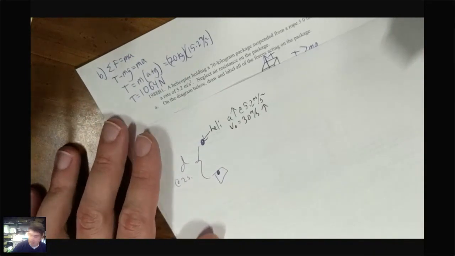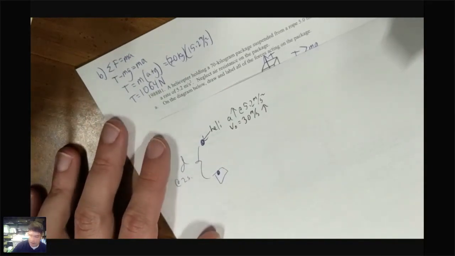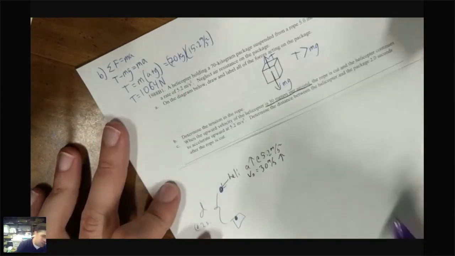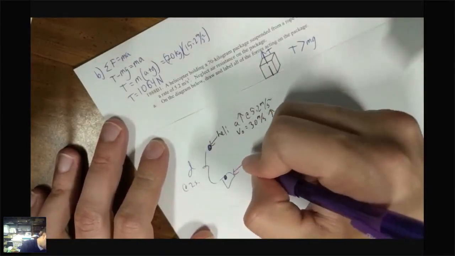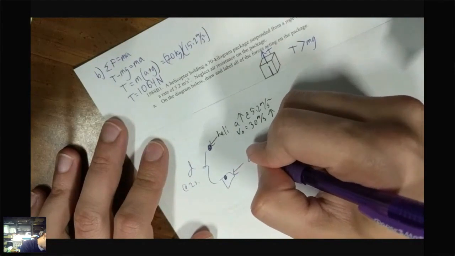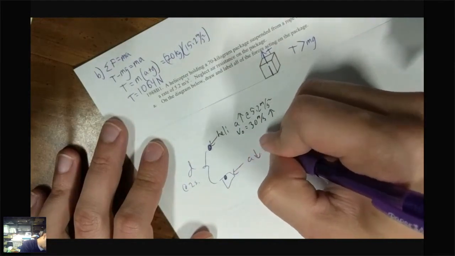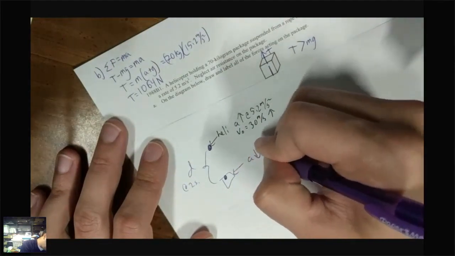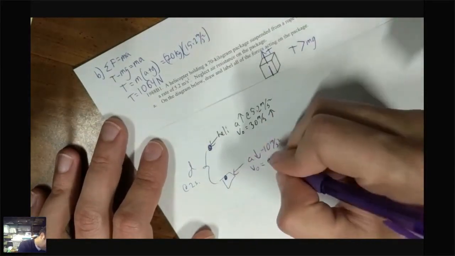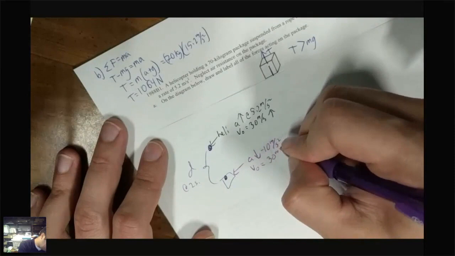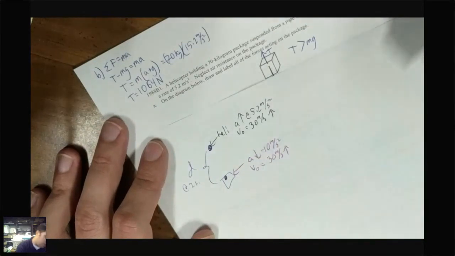Okay. The package, on the other hand, now doesn't have that tension going on. The only force acting on it is gravity. So the package will have an acceleration going down of 10 meters per second squared. Negative because down, and then it still has that initial velocity of 30 meters per second going up.